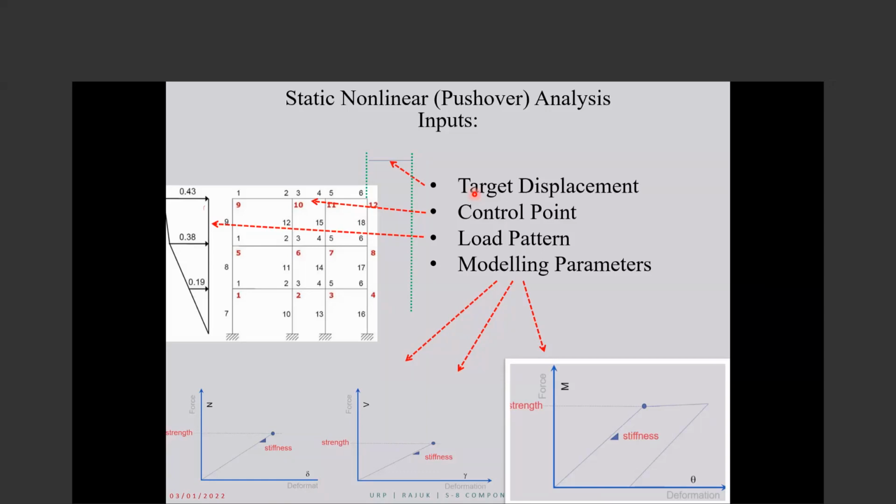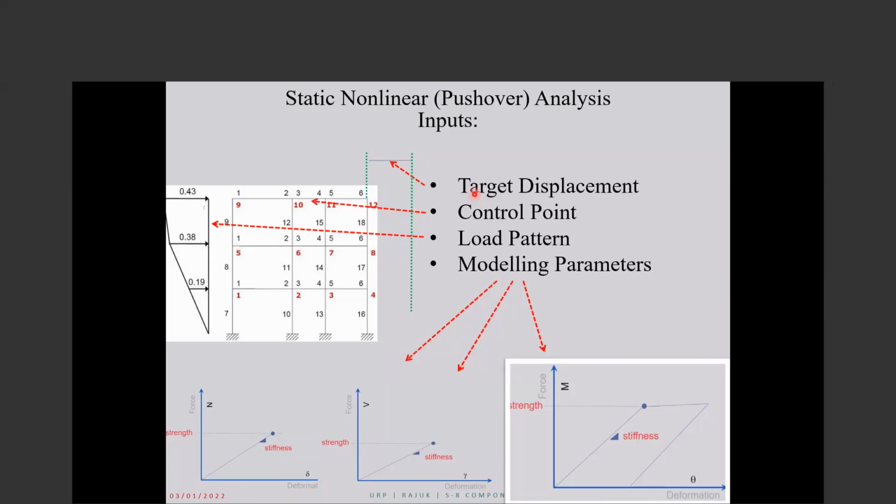And the control point usually is the mass center of the roof. So we expect that during pushover analysis, our software will push the building till the center of mass in the roof reaches the target displacement.